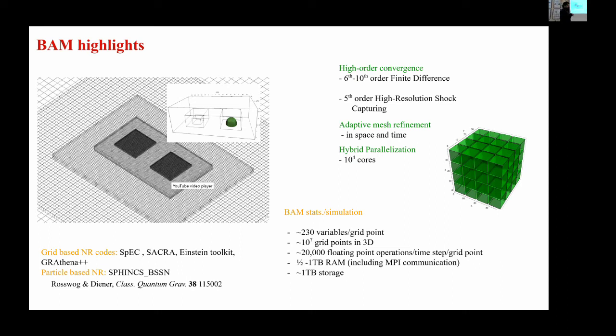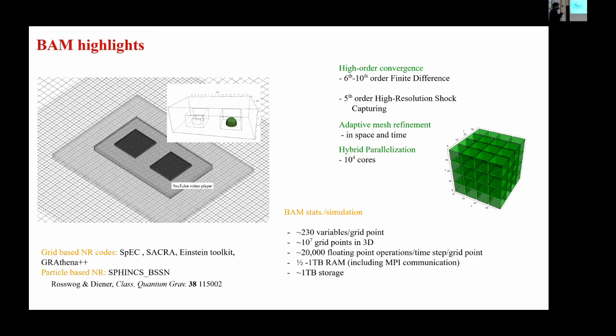So BAM is not the only code out there, and there are other codes, and these codes can be classified into grid-based NR codes and particle-based NR codes. For grid-based NR codes, you have the SpEC code from the SXS collaboration, which is a spectral Einstein code, and basically it uses spectral methods to evolve the fields.